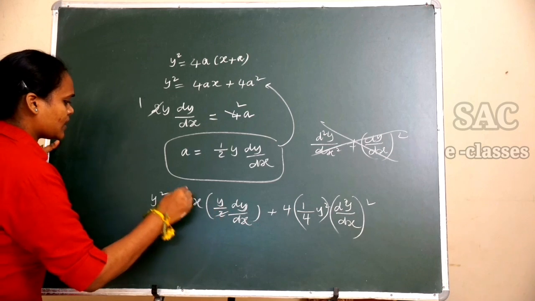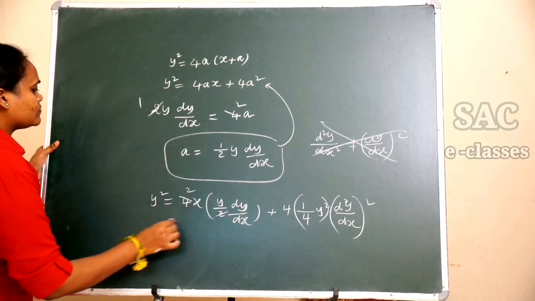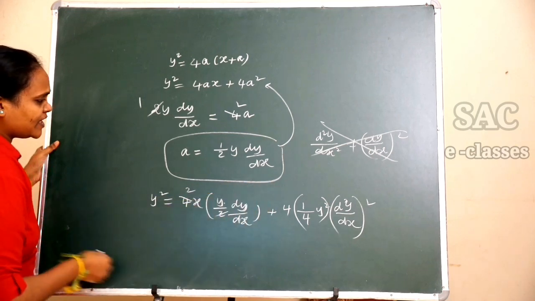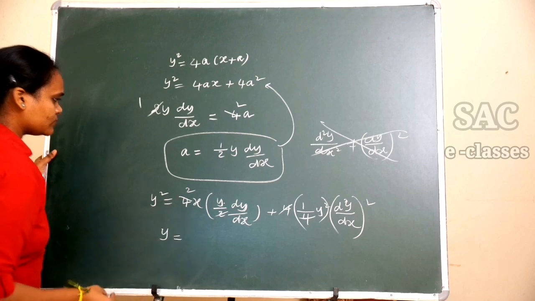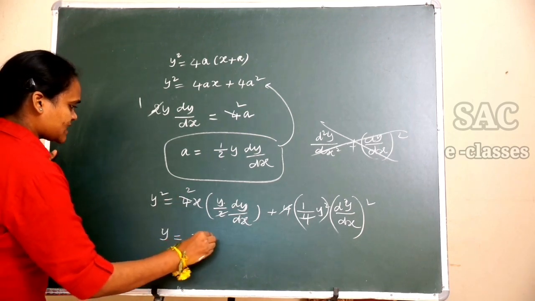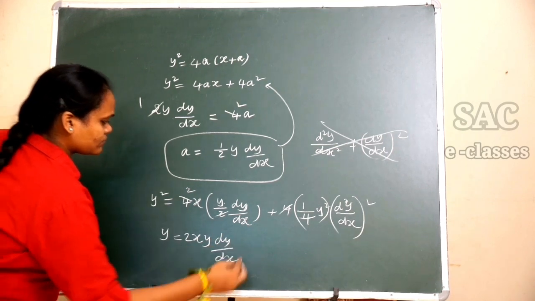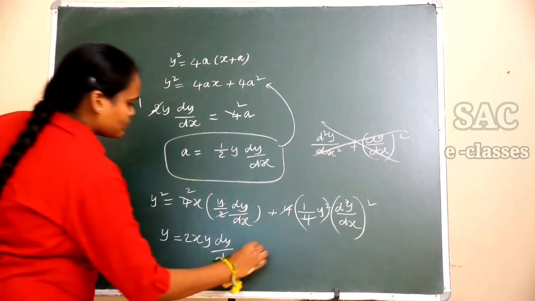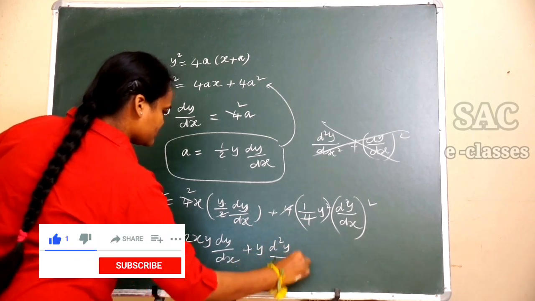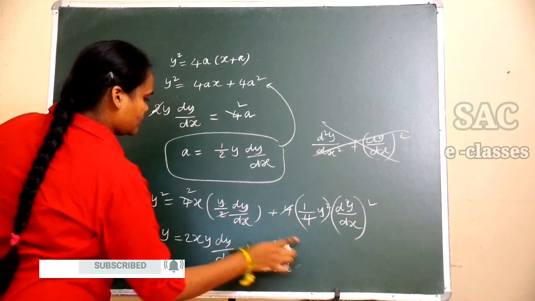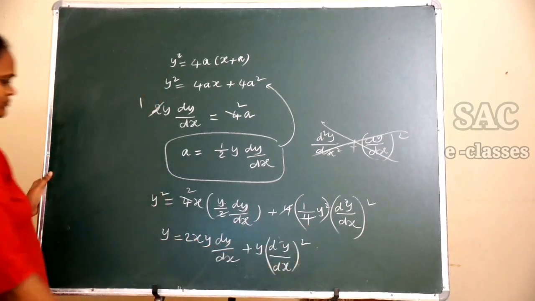So, let us simplify. This y is going to be eliminated, and 4 and 4 will cancel. So y is equal to 2xy dy by dx plus y into dy by dx whole square.